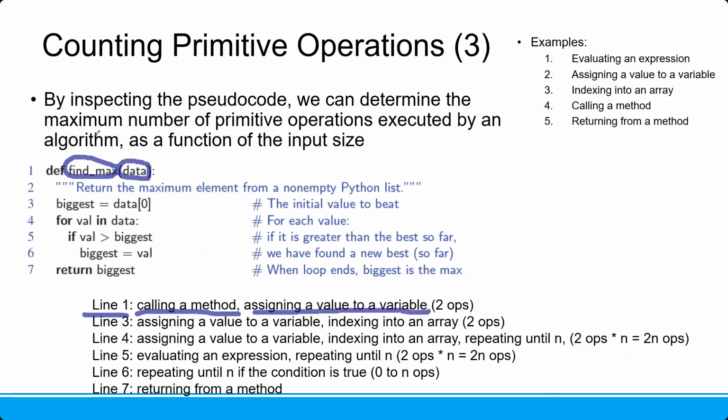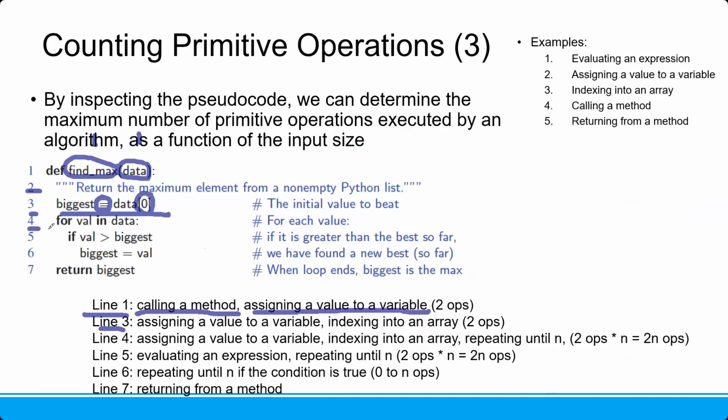So it means one operation and one operation. Line 3, okay, line 2 we do not consider because it is not a method. In line 3, we have the assignment. This is one operation, and this is also another operation. So we have two operations.